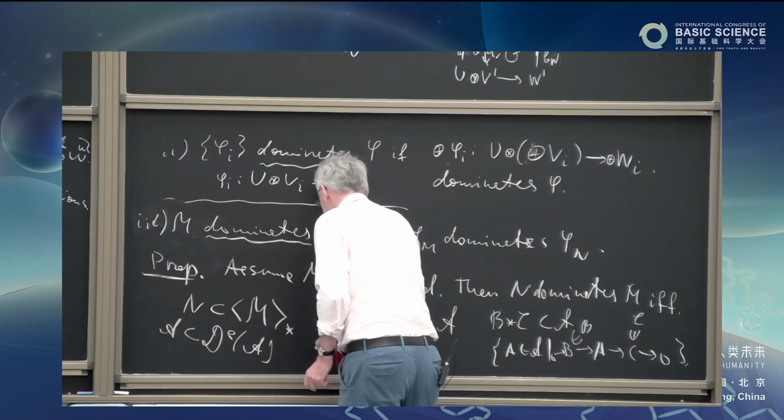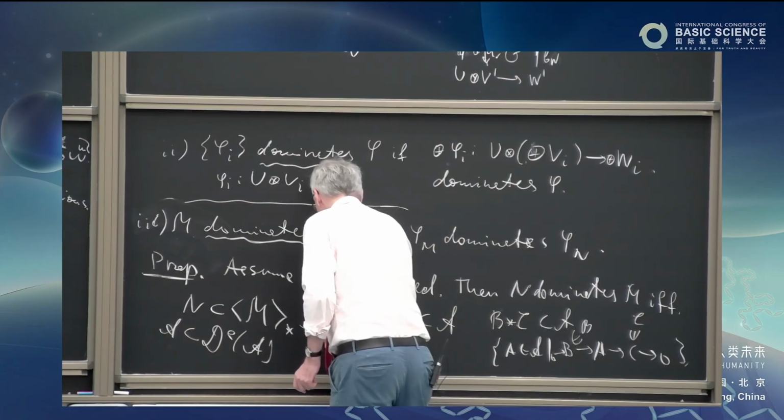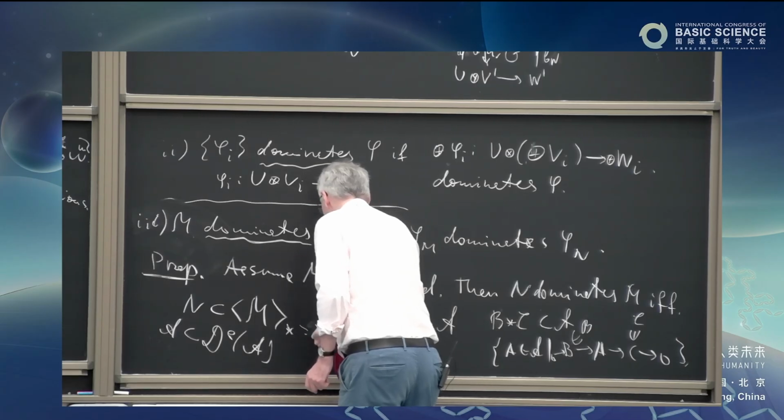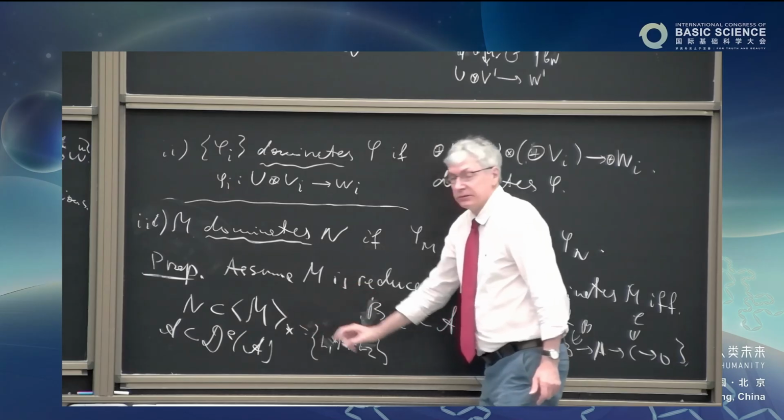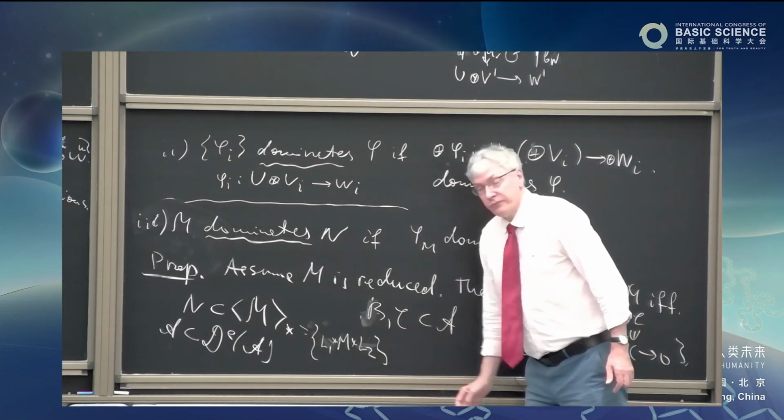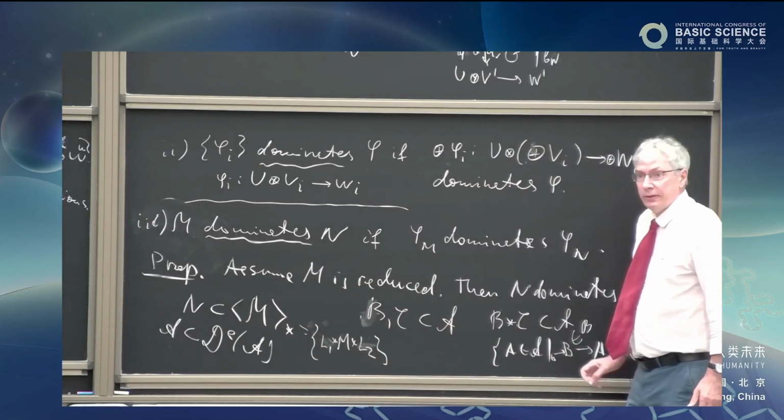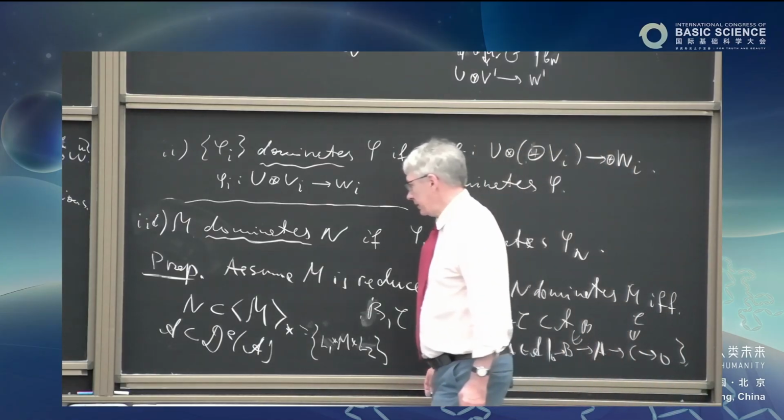So objects like this, where here's some L1 and here's some L2. This is just notation for the subcategory of these objects, where star is defined in this way. Or a similar thing in triangulated categories.